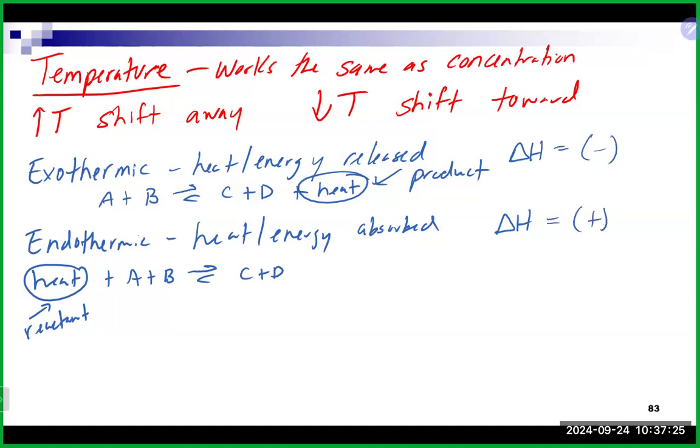And that's most likely how you'll be given that information in these type of problems. They'll give you the equation, and at the end, they'll say the delta H value is negative 300 kilojoules. And the number doesn't really matter. It's really the sign at that point for Le Chatelier's principle. Is it a positive or negative value for delta H, which will tell you if it's exothermic or endothermic. Any question on temperature there?